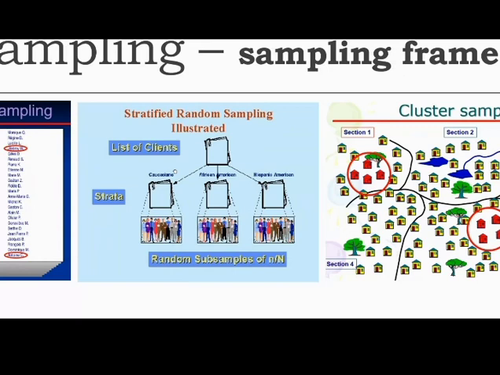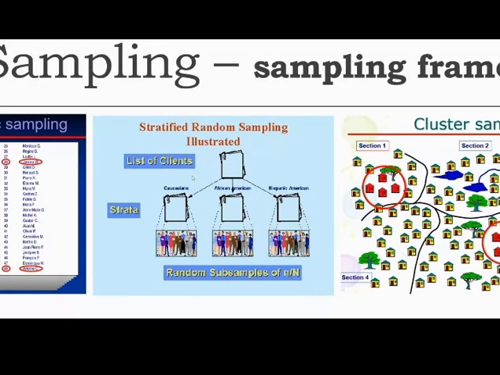Stratified, or strata, is like a grouping. You have in your population, and usually the first thing you need to do is ask: are there significant groups? Is there a significant major grouping of the population?